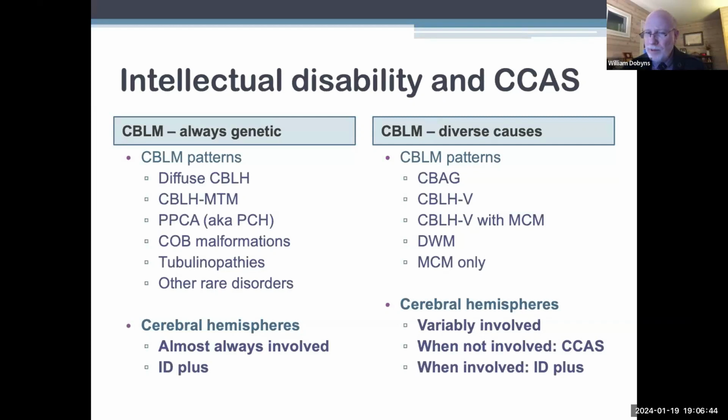Compare that to the more common cerebellar malformations: complete cerebellar agenesis, vermis predominant cerebellar hypoplasia with or without an enlarged cisterna magna, classic Dandy-Walker, and megacisterna magna alone. Those patterns are associated with a much better chance for a good developmental outcome, particularly when the cerebral hemispheres look normal.